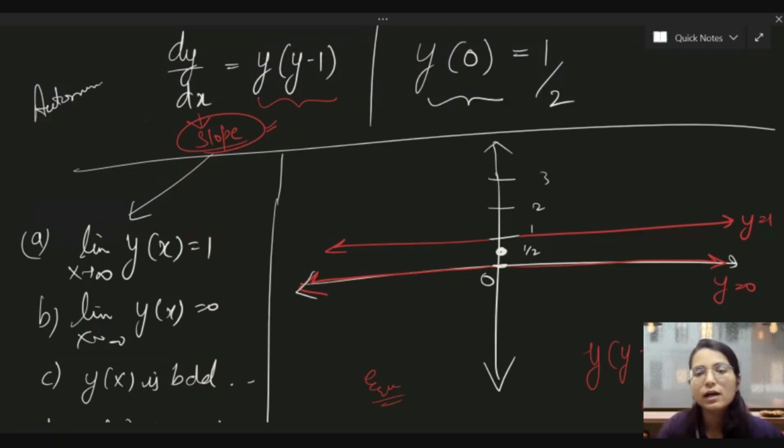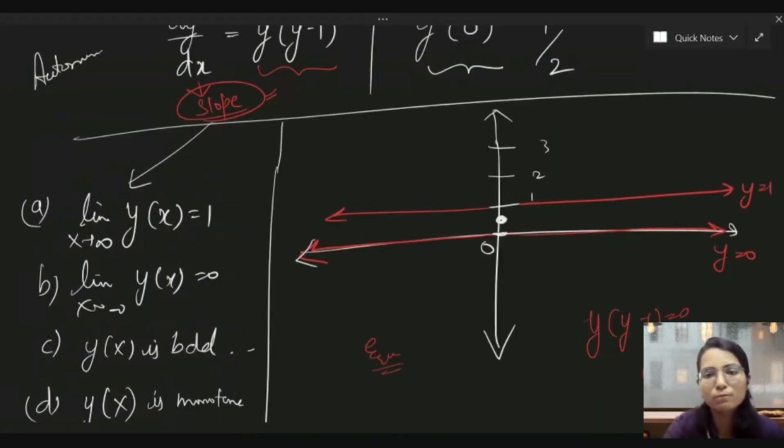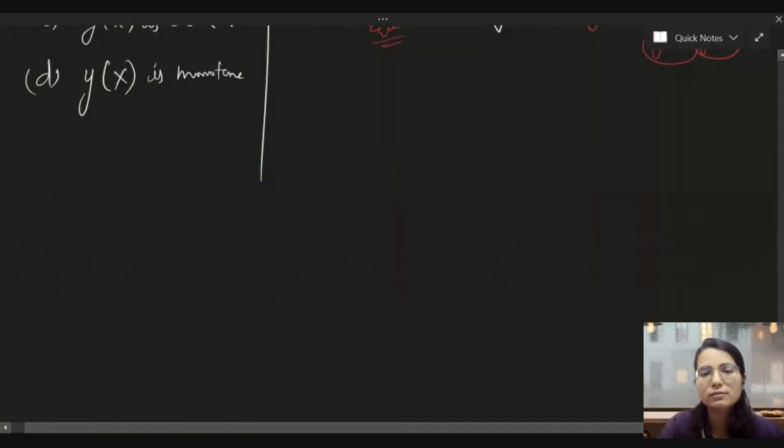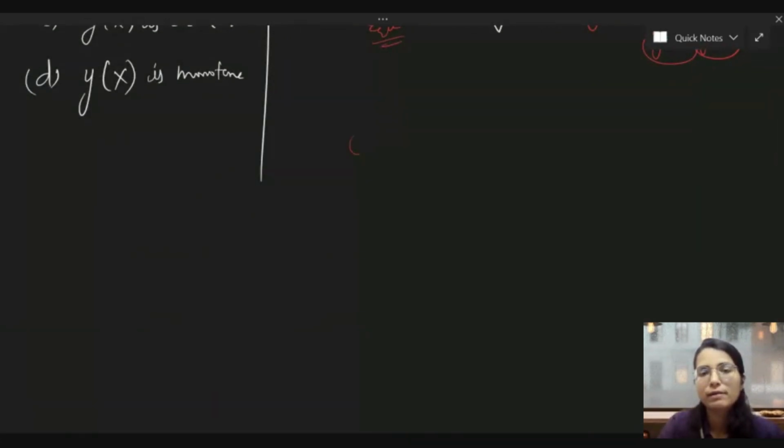Okay. Now, what is the slope's behavior? I mean, what if my solution lies from, let's say, 0 to 1 by 2, and then 1 by 2 to 1.